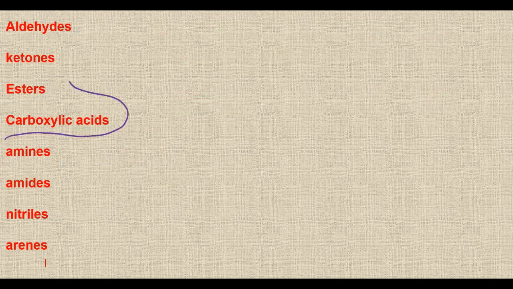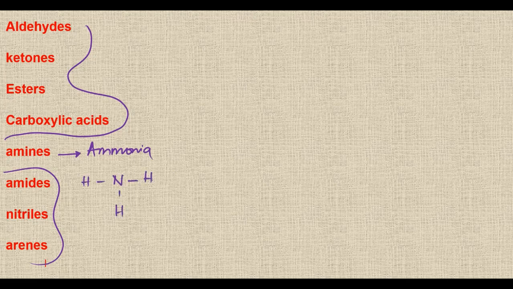Now we are focusing on the amines. Amines are compounds which contain a derivative of ammonia. Ammonia is NH3, and a derivative of ammonia means NH3 has lost one of its hydrogens, so one of the valencies of nitrogen is free now, which can link to an R group.